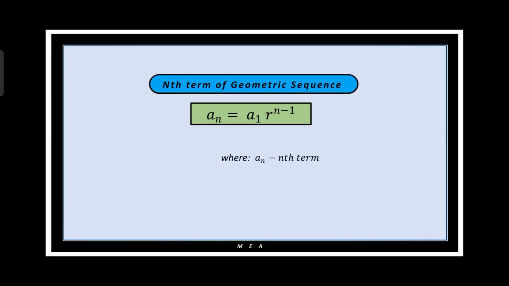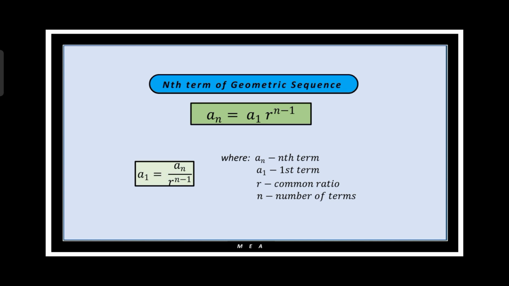Okay, so the nth term of a geometric sequence can be obtained by using the formula a sub n is equal to a sub 1 times r raised to n minus 1, wherein a sub n is the nth term, a sub 1 is the first term, r is the common ratio, and n is the number of terms.